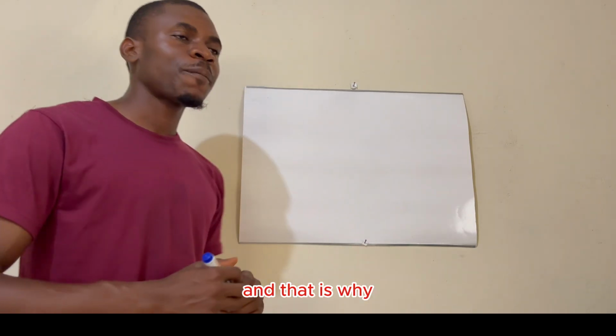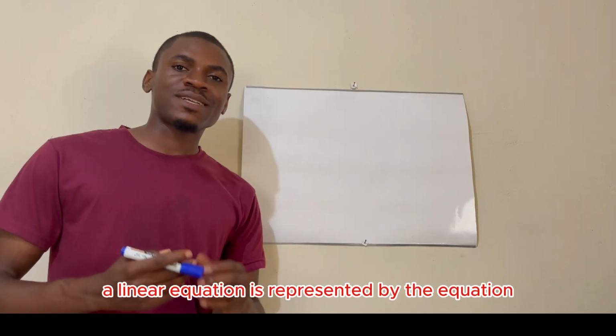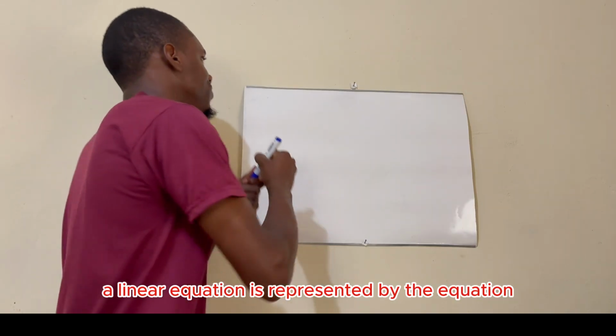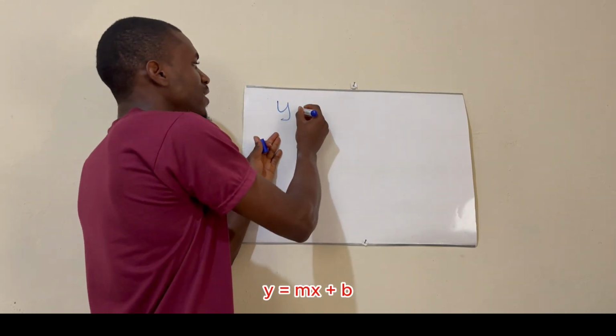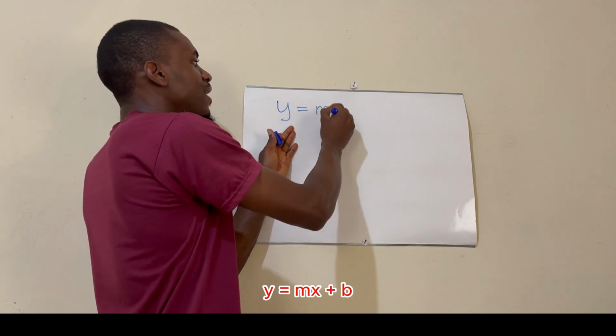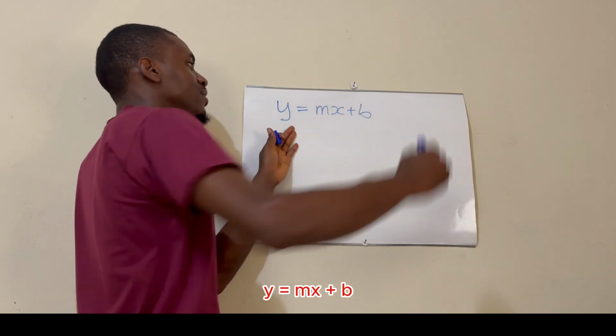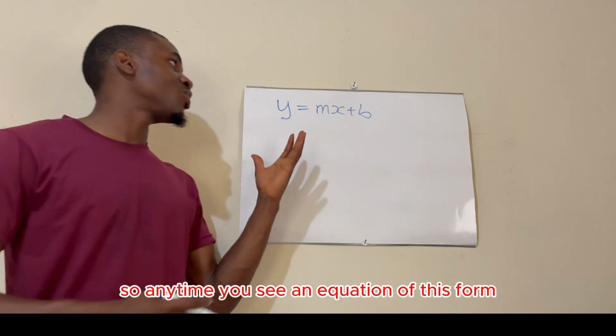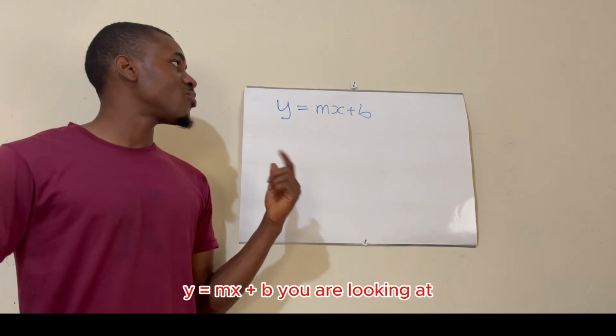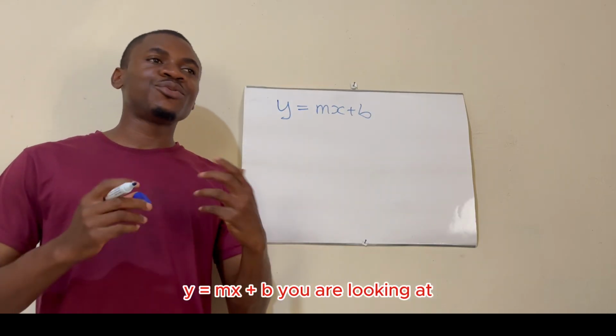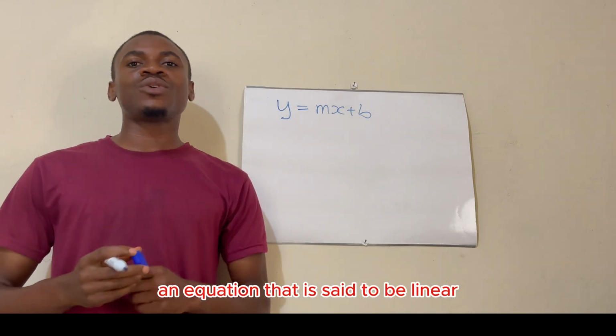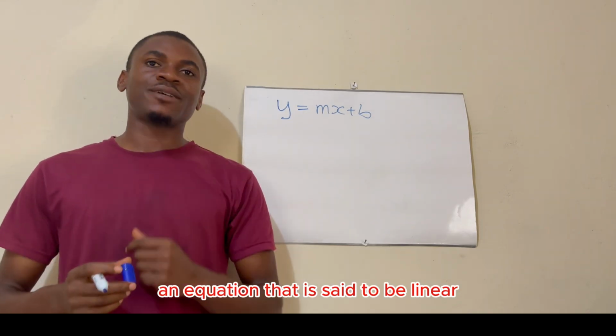And that is why a linear equation is represented by the equation y is equal to mx plus b. So anytime you see an equation of this form, y equal to mx plus b, you are looking at an equation that is said to be linear.